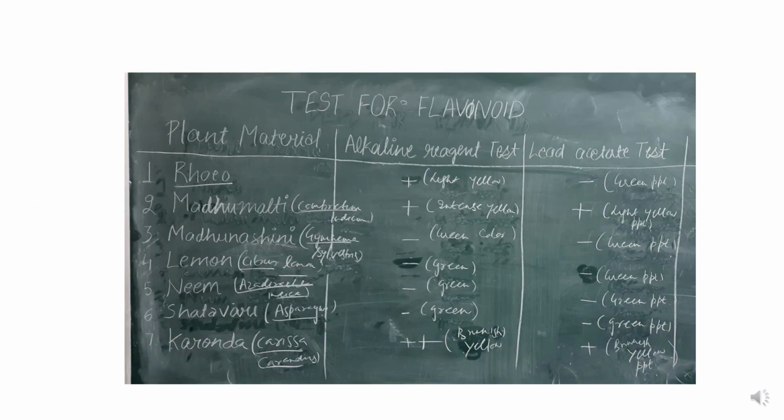So, this is a table where you compare the tests which are performed in different plants. You can see that in row U, the test is positive for alkaline reagent and negative for lead acetate. In Madhumalati, which is Combretum indicum, you can see positive test for alkaline reagent and also positive for lead acetate.